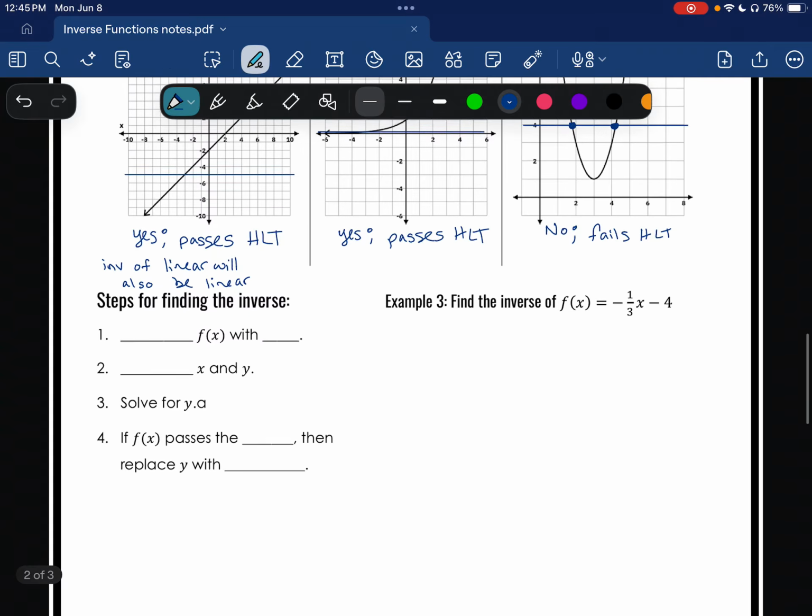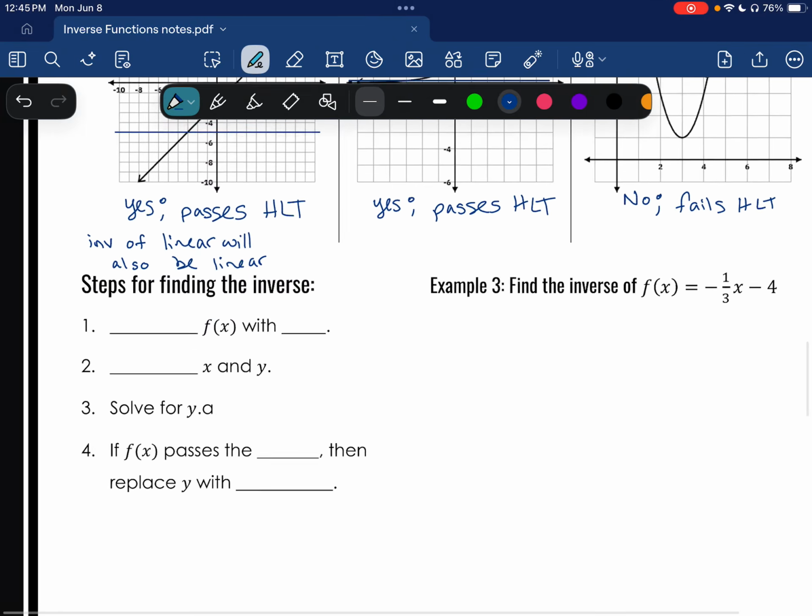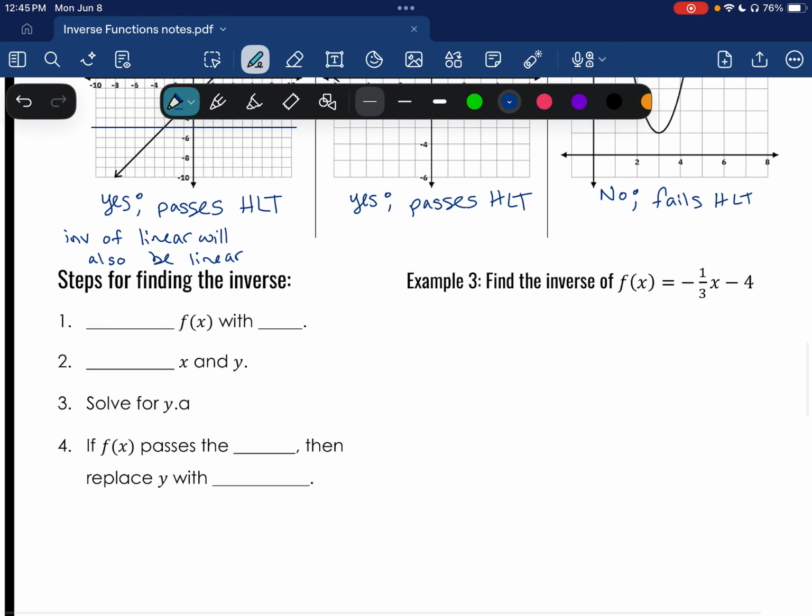So here we're looking for the inverse of this linear function, f of x equals negative 1/3 x minus 4. So I'm going to replace that with y. So I'll have y equals negative 1/3 x minus 4. And what we're doing is we're manually reflecting over that line. This is good. Now solve for y. Adding 4 to both sides, x plus 4 equals negative 1/3 y.